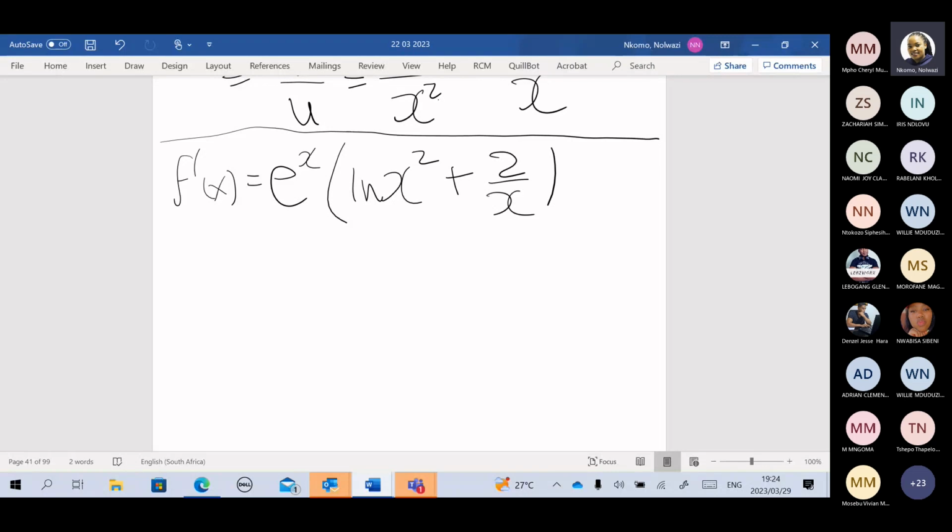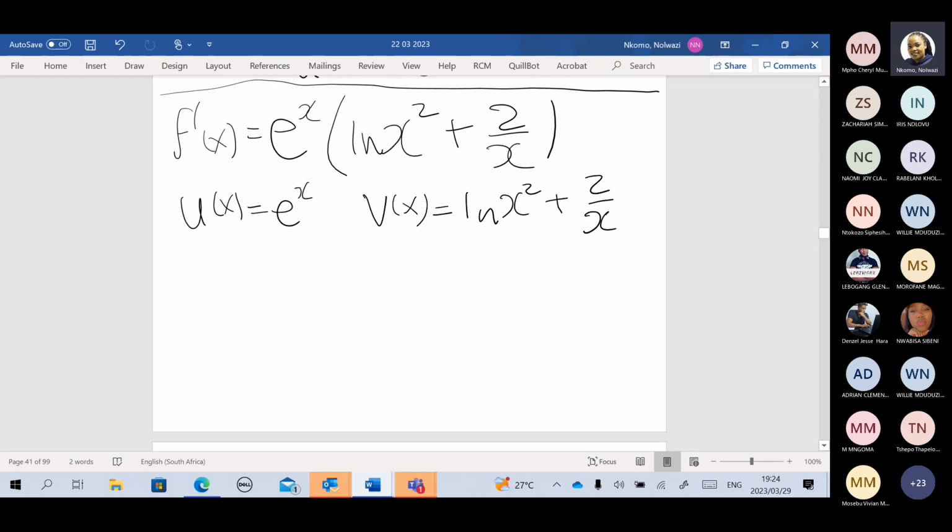We have again the product of two functions, right? Let our u of x be e to the x. Let our v of x be ln x squared plus 2 over x. We need to find u prime and v prime.